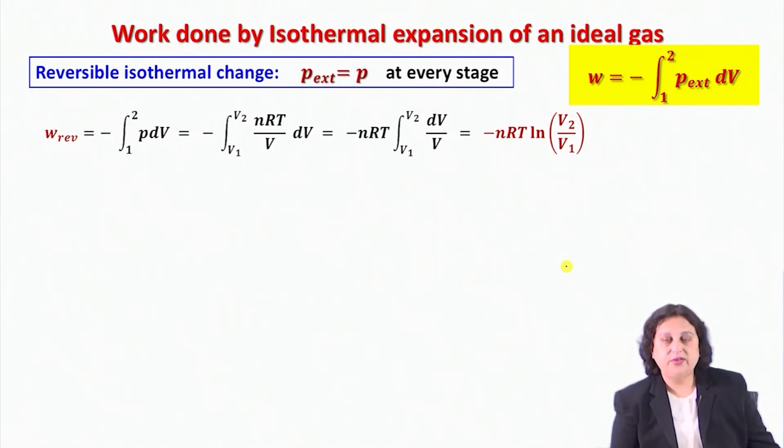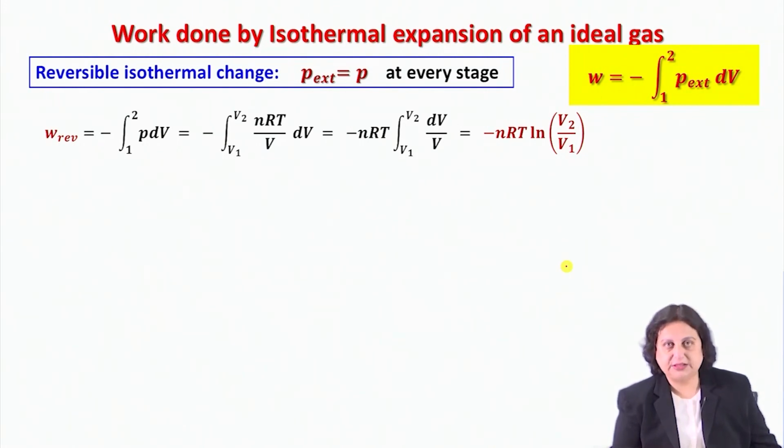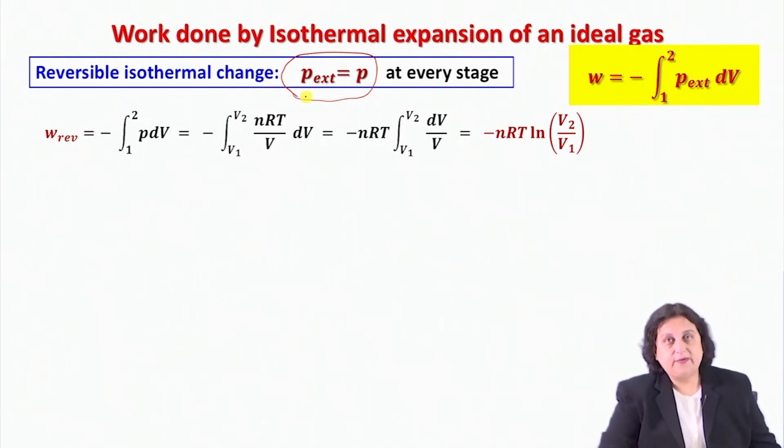Now, when I talk about the work done by isothermal expansion of an ideal gas, if it is a reversible isothermal change, we have already seen that at every stage of this reversible change, where I take an infinitely large number of steps in going from the initial to the final state, P external must be equal to P at every stage of the process.